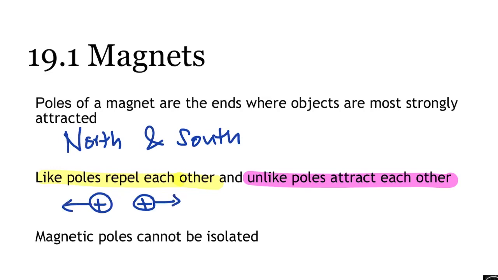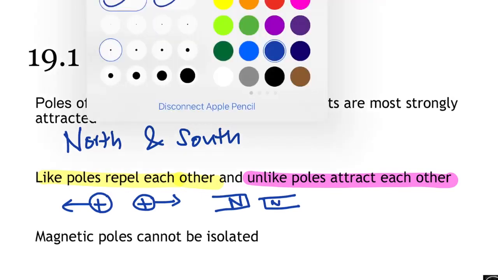If you have a north pole of one magnet and another north pole from another magnet, the poles are going to repel each other.